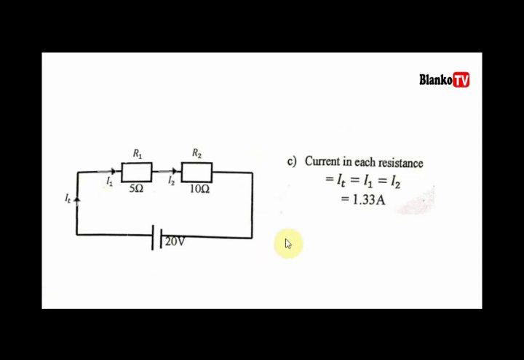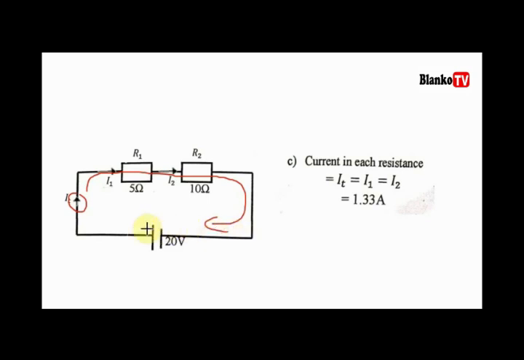That is solution C, which says we should calculate the current in each resistance. As I explained earlier, since it's a series network, the total current is the same current that flows through resistor R1 and through resistor R2.